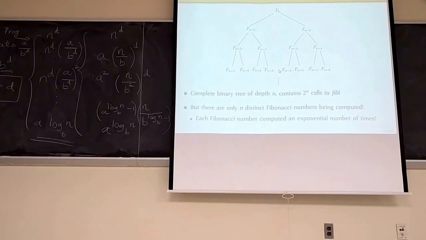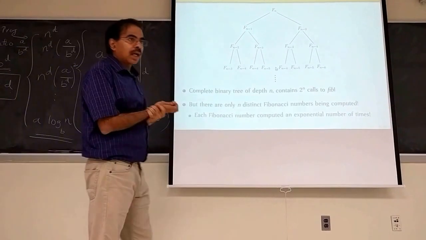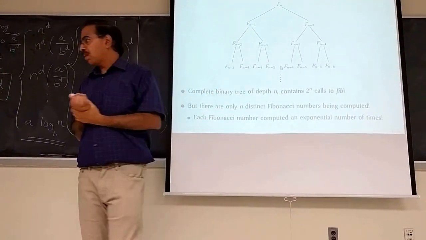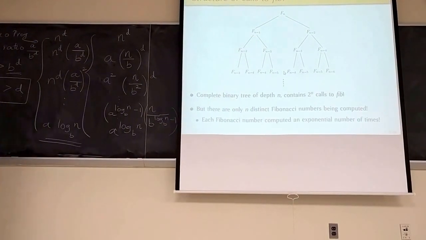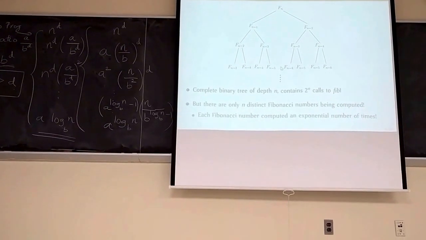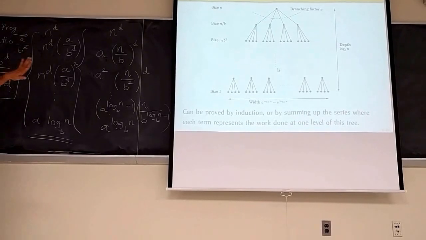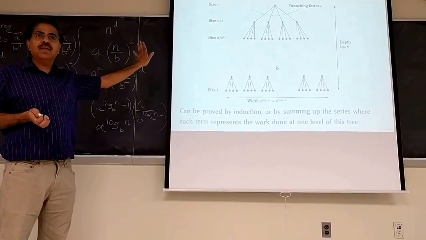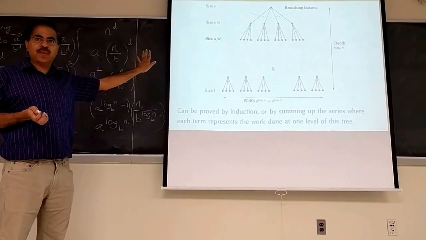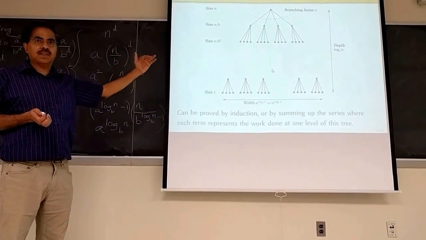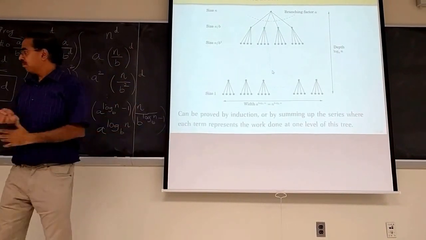So this is an exponential algorithm, right? So once again, you can see that at a high level, the way we are thinking about it is no different from here, right? So we are still drawing out the recursion tree and then talking about the cost at each level, right?